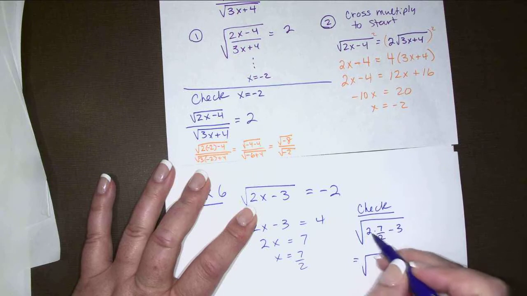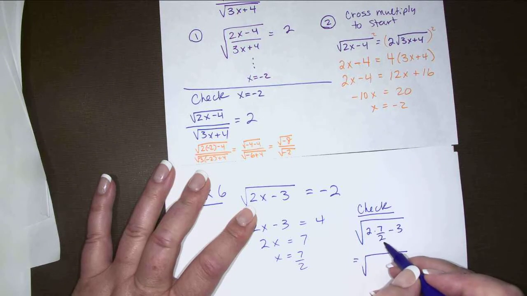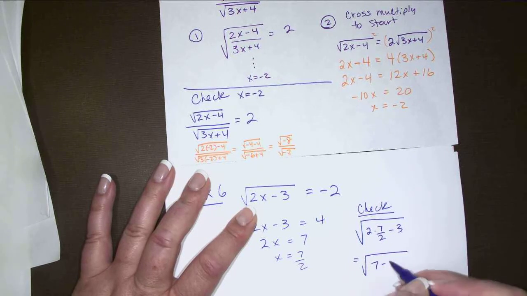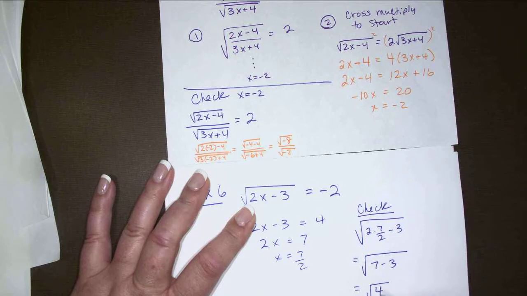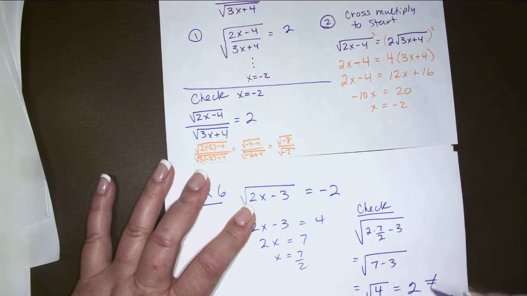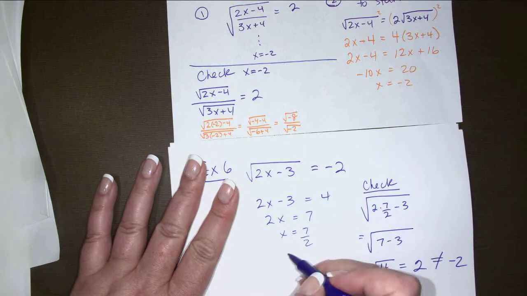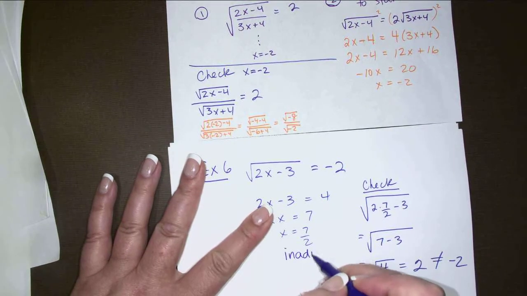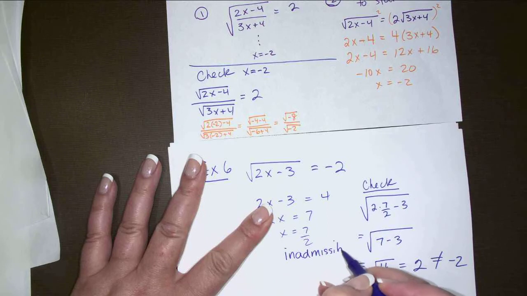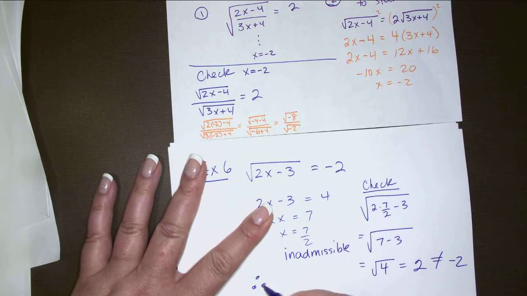The 2's cancel. So 7 minus 3 is 4, and the square root of 4 is 2, not negative 2. Right. So this is inadmissible, therefore no solution.